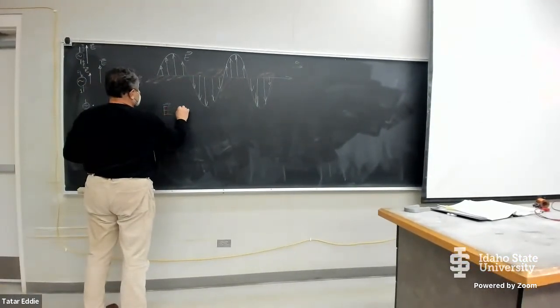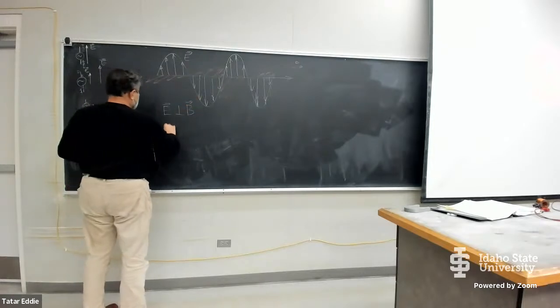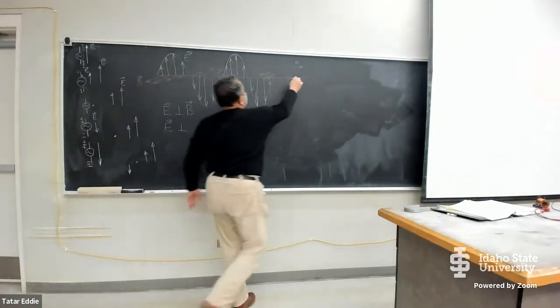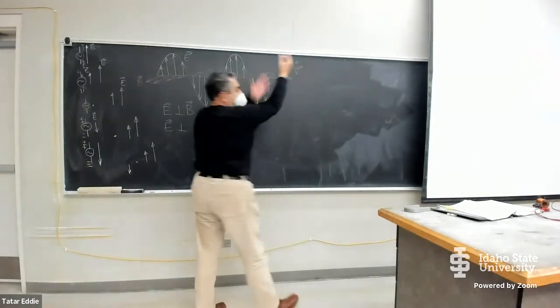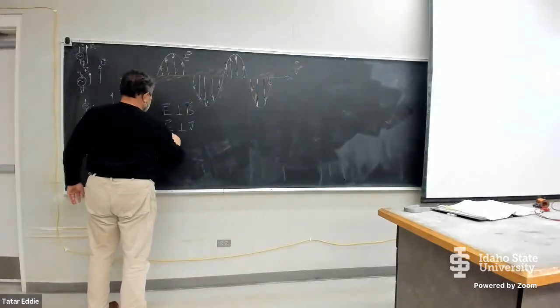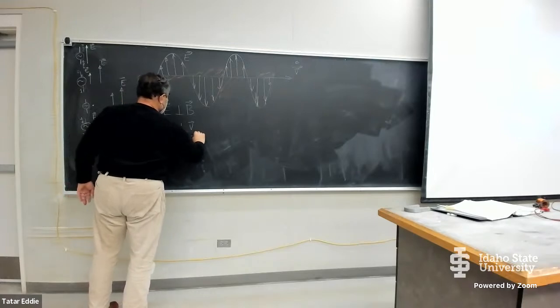In other words, electric field perpendicular to magnetic field all the time, and electric field perpendicular to the velocity, so let's say this is velocity, speed of light, so perpendicular, and magnetic field also perpendicular to velocity.